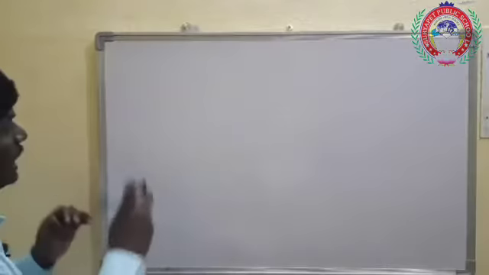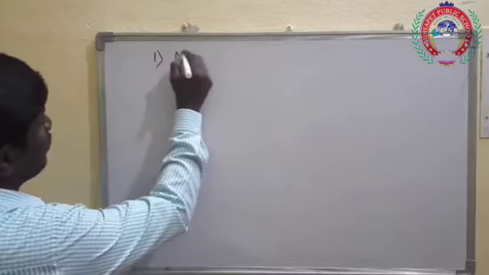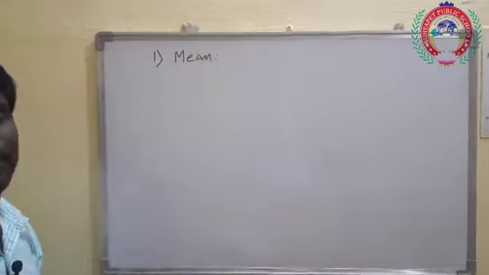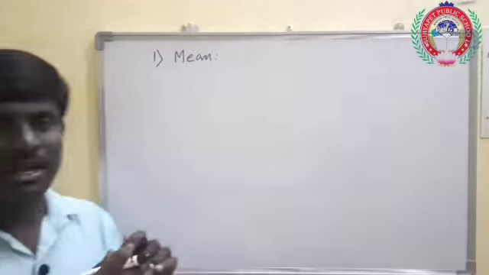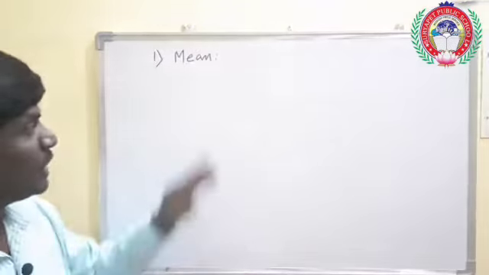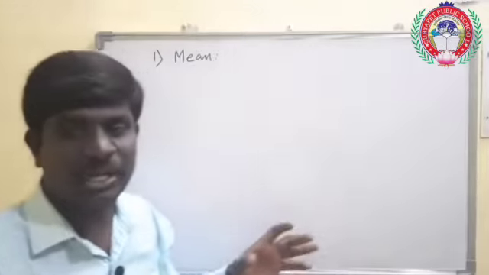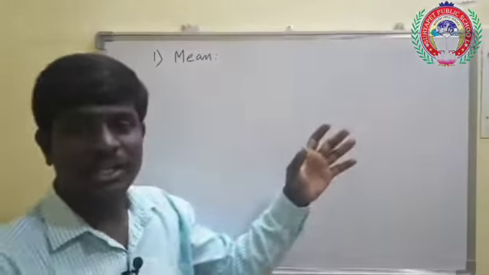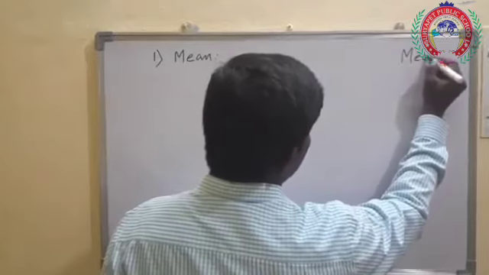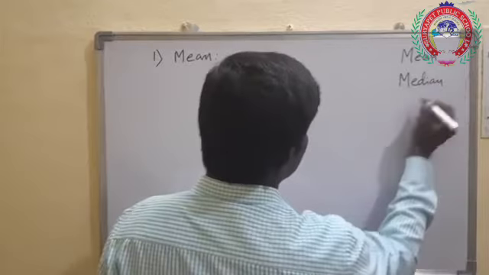So in this class we shall discuss the mean of both ungrouped data and grouped data. We know that we have 3 measures to find the central tendency value of a given data. Those 3 measures are mean, median, mode.